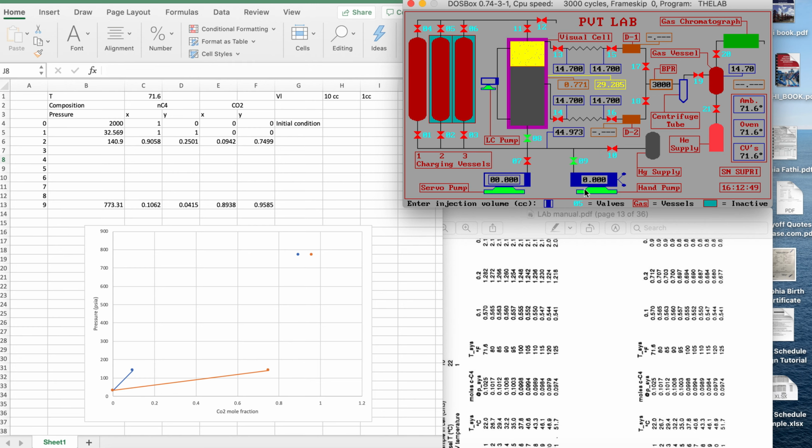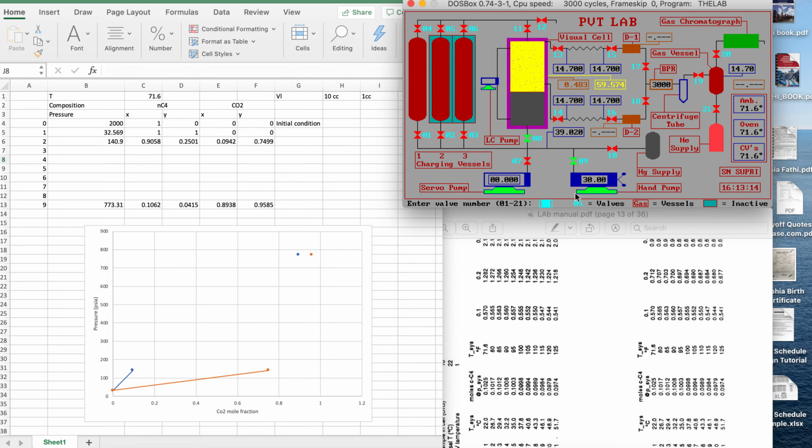And I'm going to remove another, let's say, 30 cc's. And I'm going to shake the cell. So I do another 30. Still, I have 0.4 cc's of liquid.